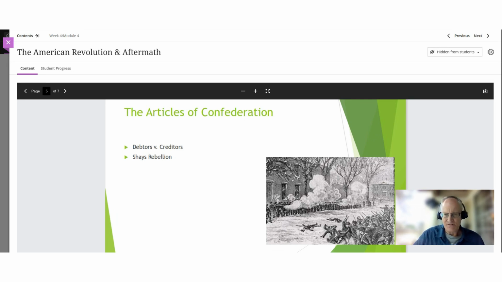So, as a result of this economic calamity, in the years following the revolution, foreign goods were scarce throughout the 13 states. Now, wealthy Americans that could afford imported goods did so, but this meant in many cases that you had money exiting the states in order to pay for those goods.